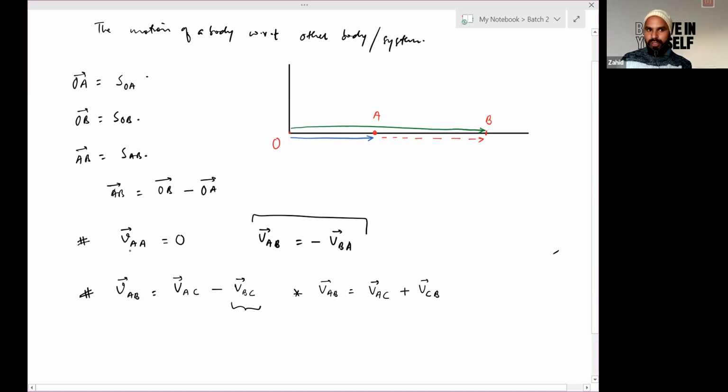First is the velocity of a body with respect to itself. Second, the velocity of A with respect to B is the opposite of the velocity of B with respect to A. Third is the velocity of A with respect to B is equal to the velocity of A with respect to C minus the velocity of B with respect to C, and similarly the fourth.